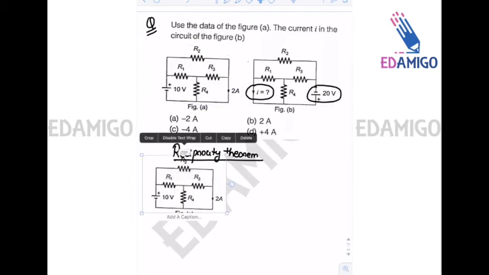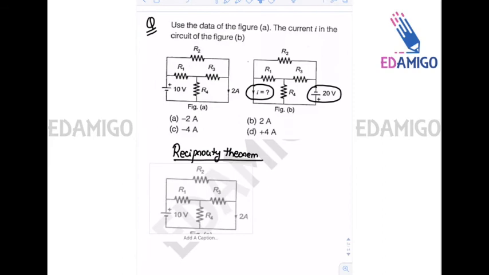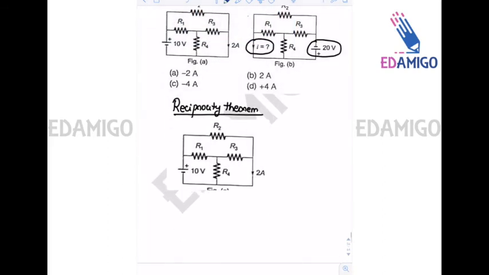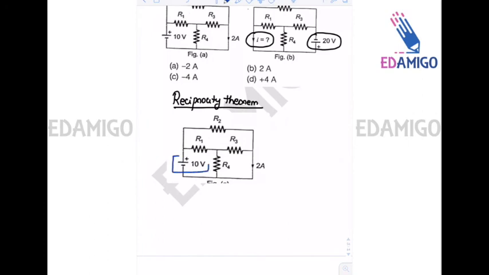Now the reciprocity theorem states that this is the input and this is the response. So we apply a 10 volt input and we get a 2 ampere response in the direction top to bottom.